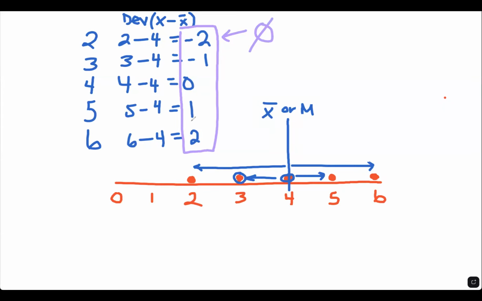So -2 plus 2 cancels out, -1 plus 1 cancels out, and we end up with 0. And that will happen every time. So what we actually do in our formula for standard deviation is square those differences, and then we have to account for that squaring later. But the concept of it is how much variation on average there is between each score and the mean.